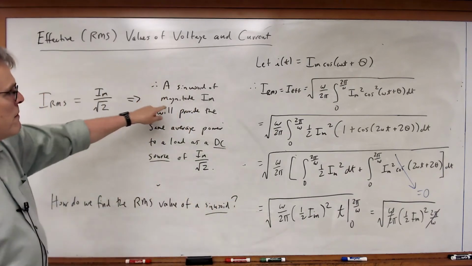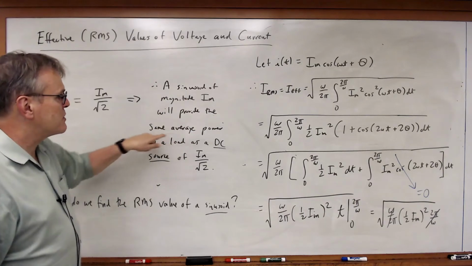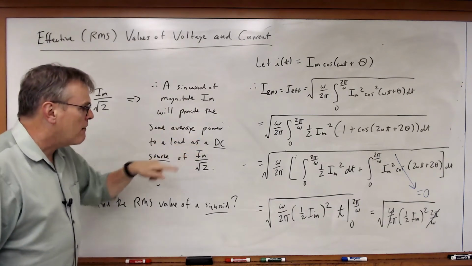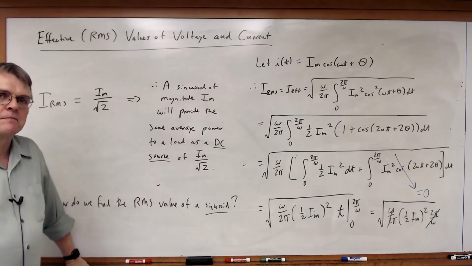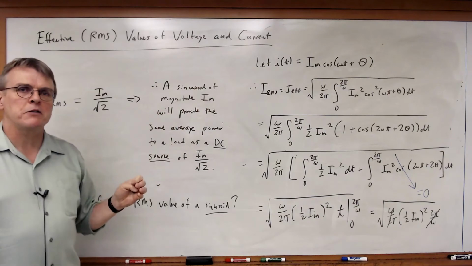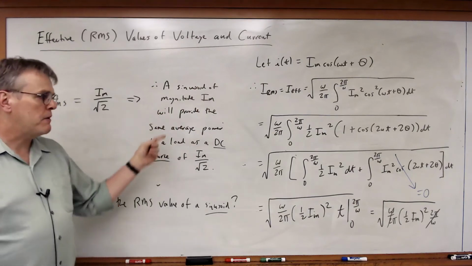So a sinusoid of magnitude Im will provide the same average power to a load as a DC source of Im over the square root of 2. So now we have a way of comparing sinusoidal AC to DC by using the RMS value.